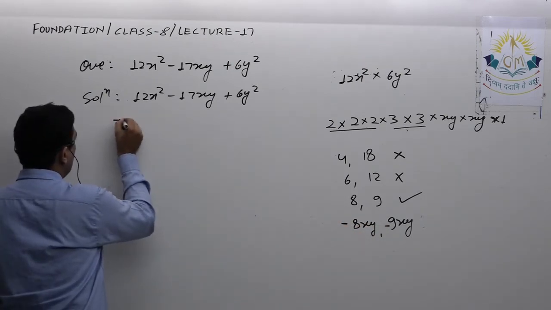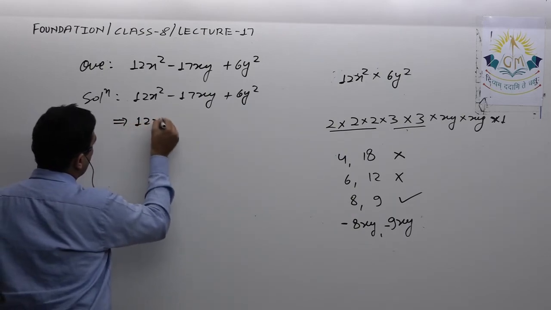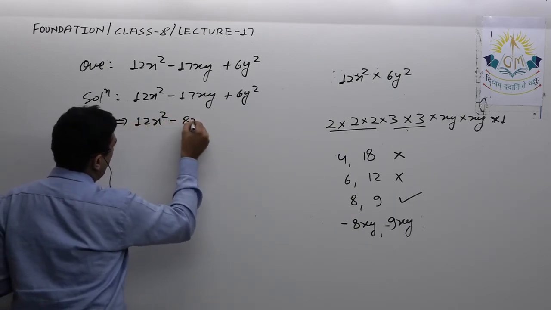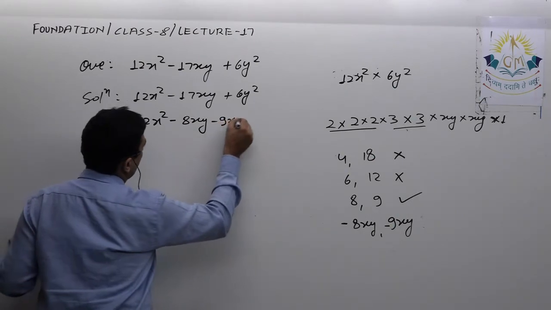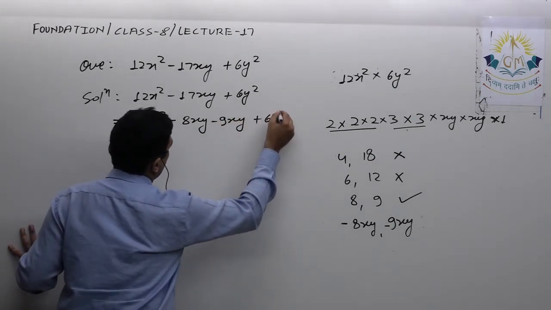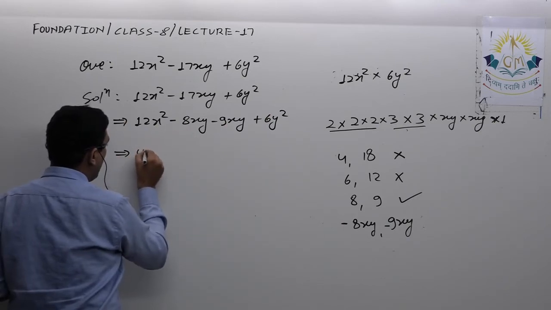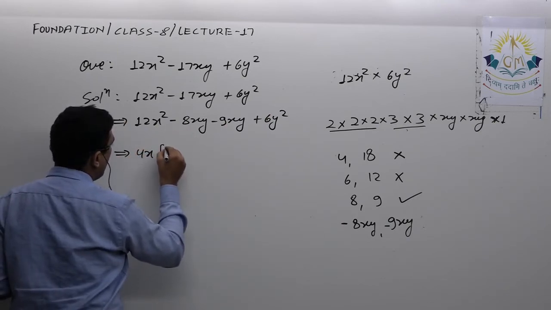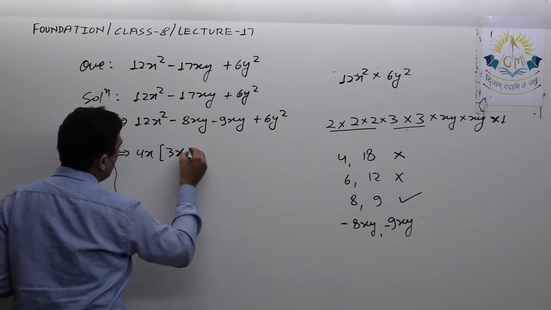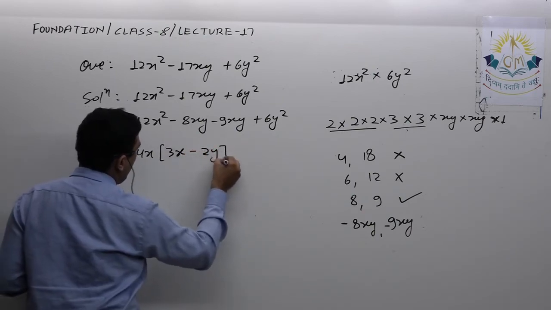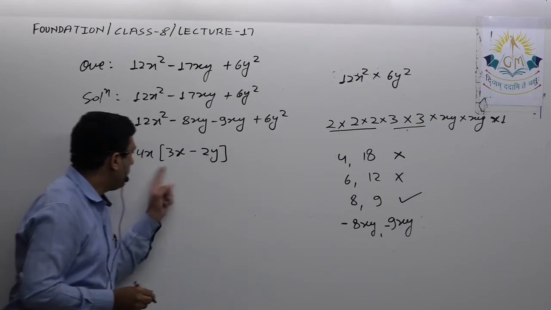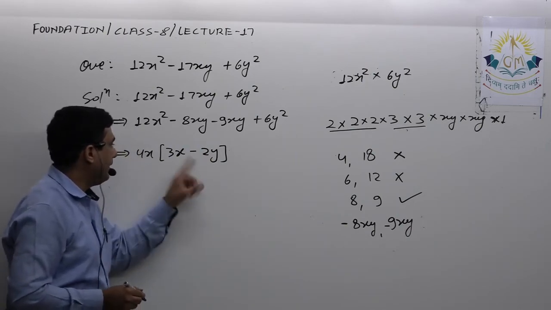So next step, 12x square minus 8xy minus 9xy plus 6y square. From these two I can take 4x common. So 3x minus 2y. 4 3s are 12, 12x square, 4 2s are 8, 8xy.